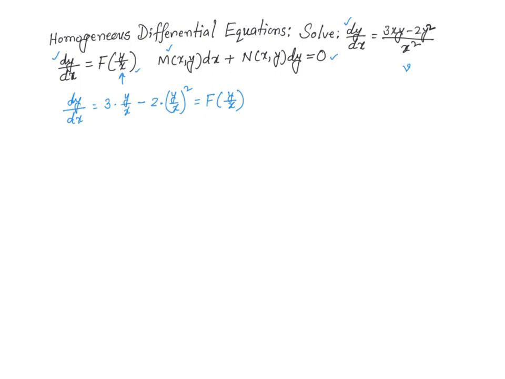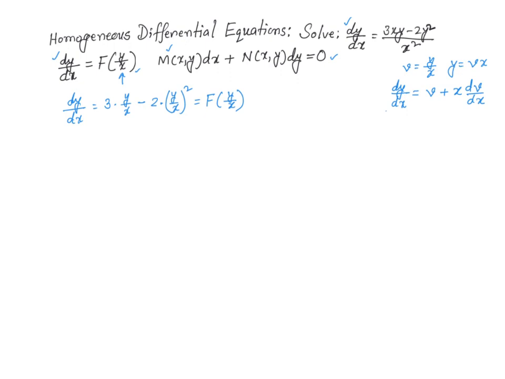Now we are going to do the substitution. Let's say v is equal to y over x, or y is equal to vx, and we are going to find the derivative of y with respect to x using the product rule. It is going to be v times the derivative of x, which is just 1, plus x times the derivative of v, which is dv over dx.